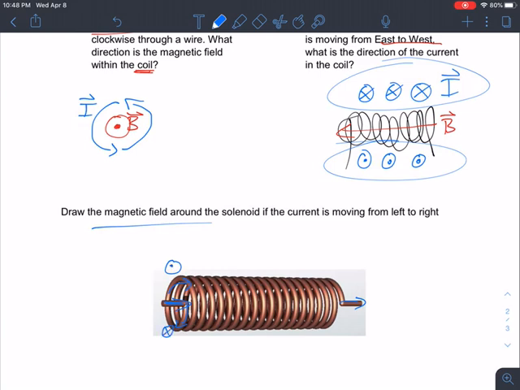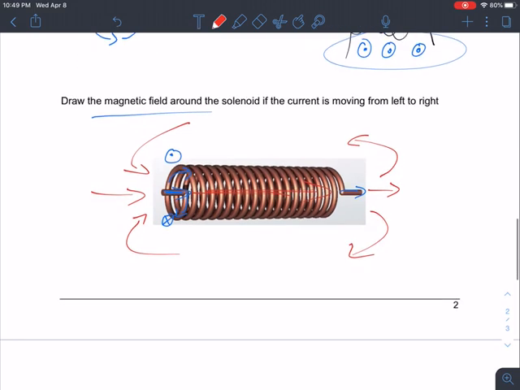And so then let's put our hands that way, into the page, out of the page, and we see that the magnetic field going through and then out, in there, around the back, just like that. And that's what it should look like. So we've got here a North Pole and a South Pole. That's it. That's what we're looking for.